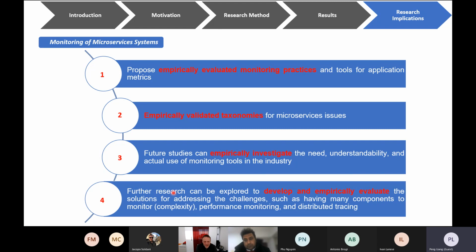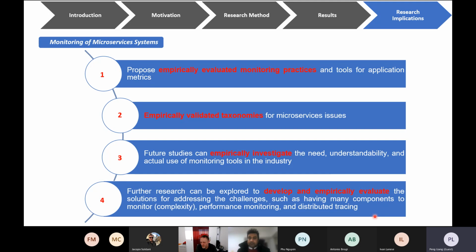And the last one is related to developing and empirically evaluating solutions for addressing the challenges that we highlighted during our survey, such as having many components to monitor, performance monitoring, and distributed tracing.